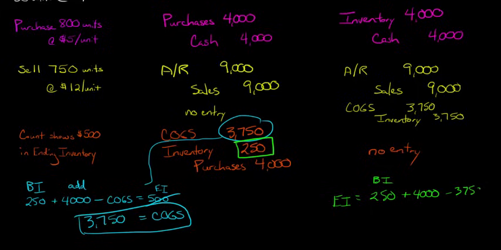Well, we sold 3,750, right? There's our cost of goods sold right there. So all we do is just do a little math here, and we see that our ending inventory is $500. Ending inventory equals $500, and that's what we have here. Our count shows that we have $500 in ending inventory.